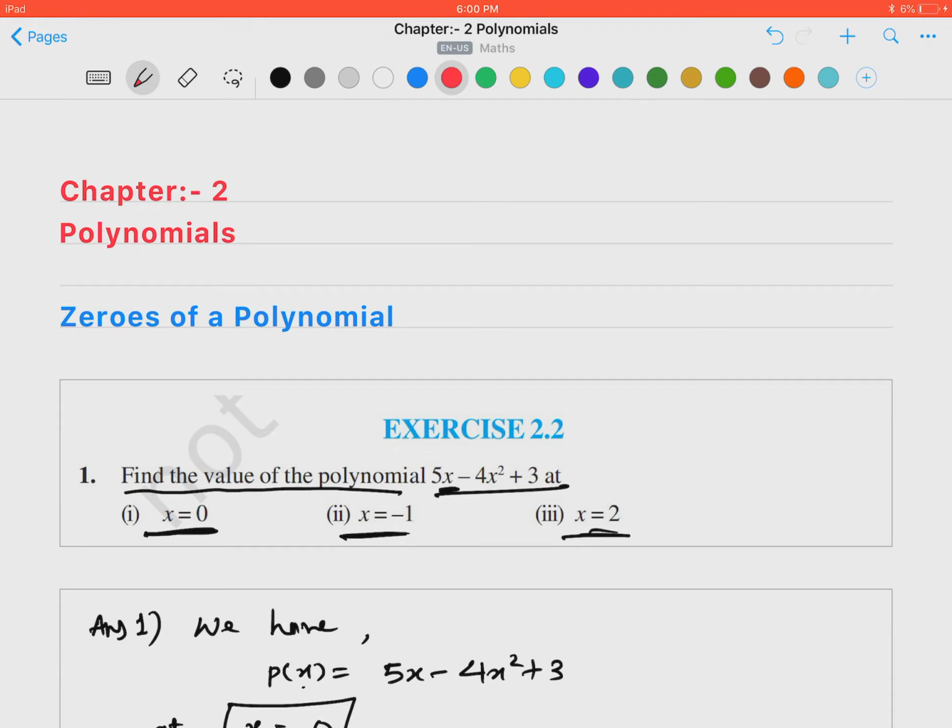I have given the solution of some of the parts. You can try the remaining parts in a similar way. So that's it from this chapter, or you can say this exercise 2.2.